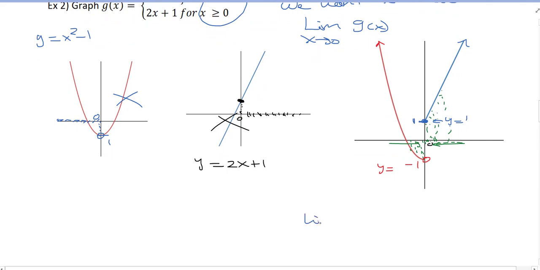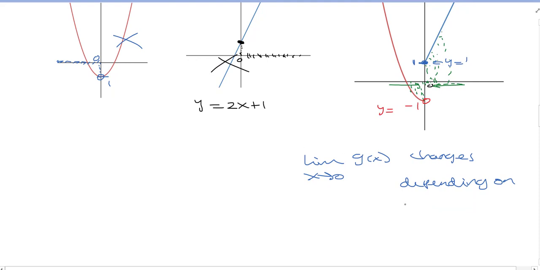So notice that the limit as x goes to 0 of g of x changes, right? The y value changes depending on the side of 0. So are you to the left of 0 or to the right of 0?